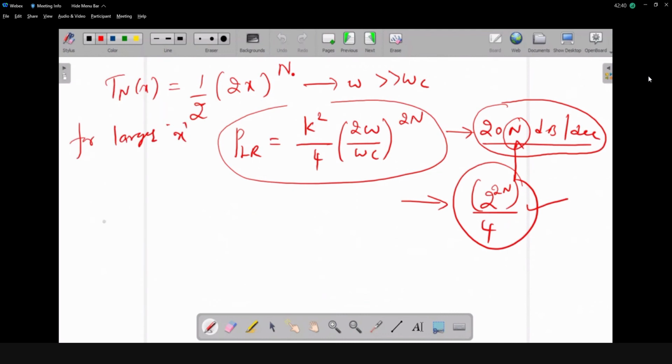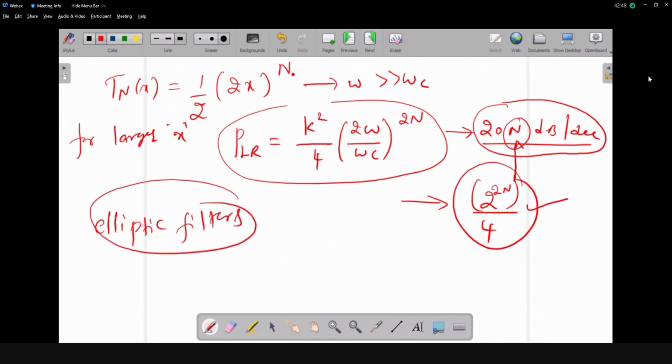So if we concentrate on the stop band attenuation, this is one type of filter we can design. A filter that achieves a very minimal stop band attenuation we call an elliptical filter. It is called elliptical because the filter function is in the form of an elliptic function, so the filter response takes the form of an elliptic function.